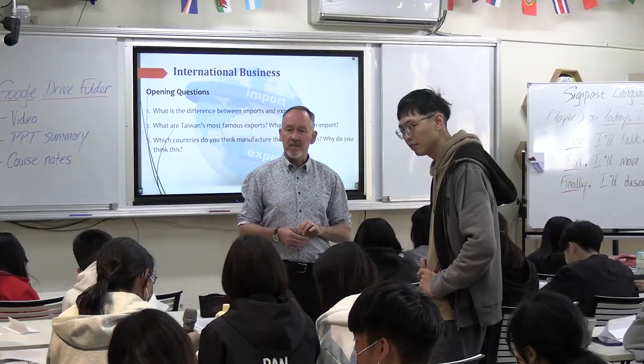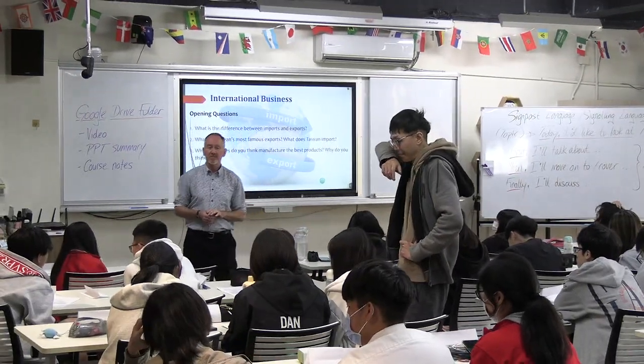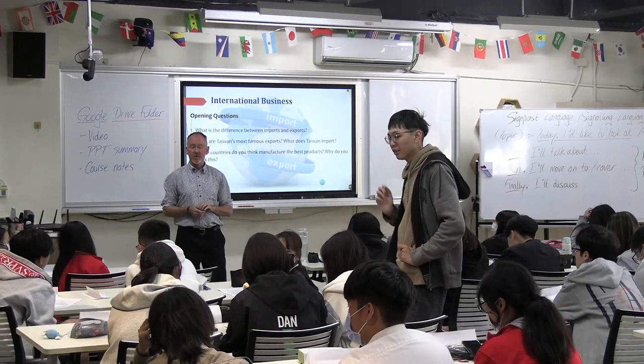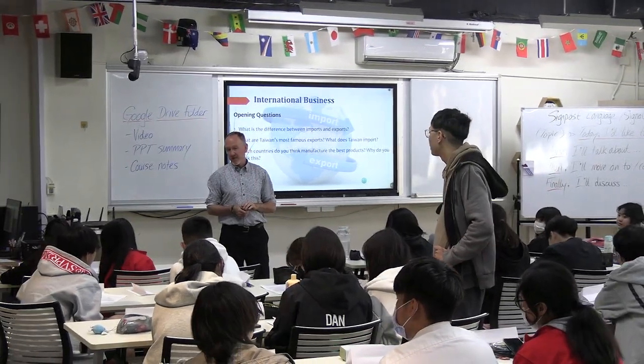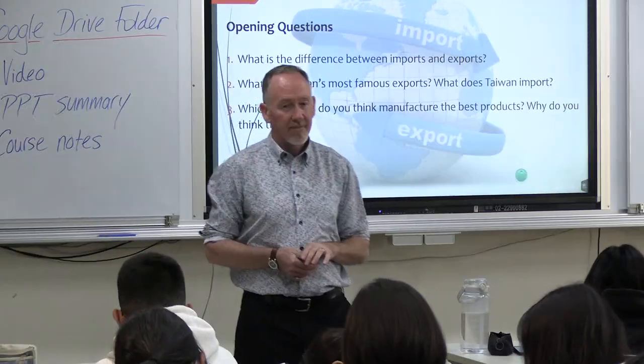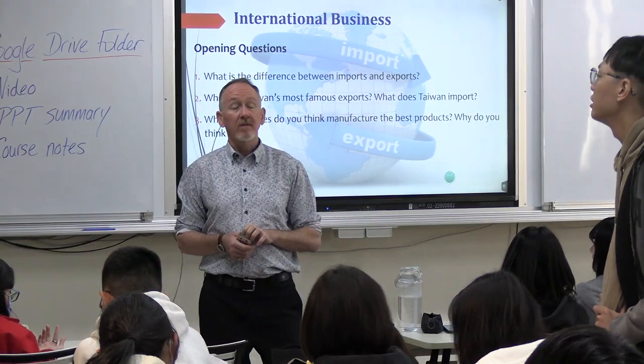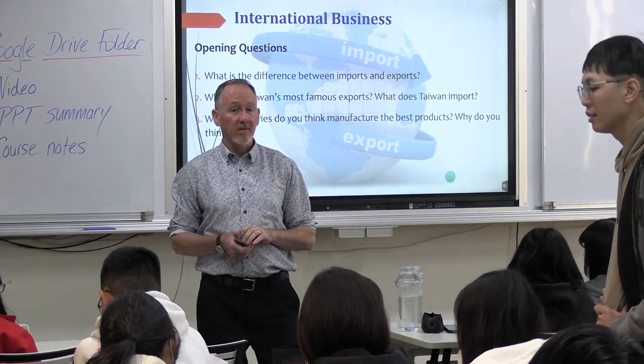Which country, can you just tell us which country you think makes the best? We think Taiwan is known to be one of the world's largest bicycle manufacturers. Right, yeah, good.